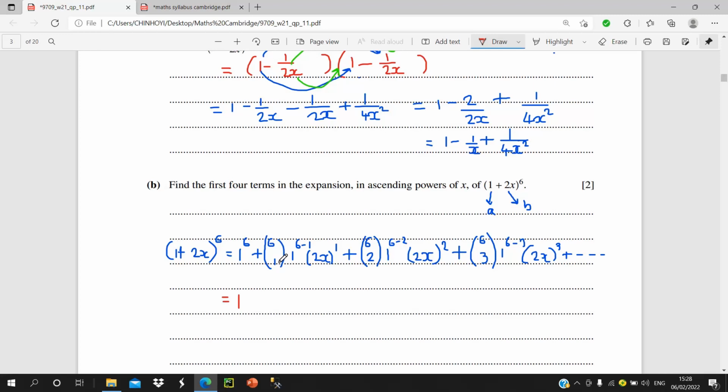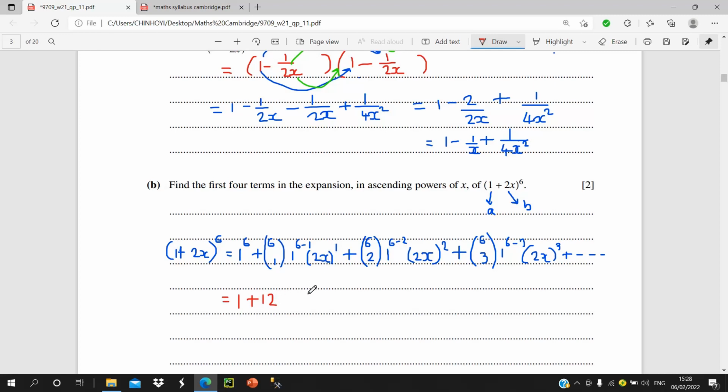So you say 6, then second function, then you punch 5, and you see the value of C. So 6 choose 1 times 1 to the power of 5 times 2 to the power of 1, you are going to get 12. You can verify with your calculator.